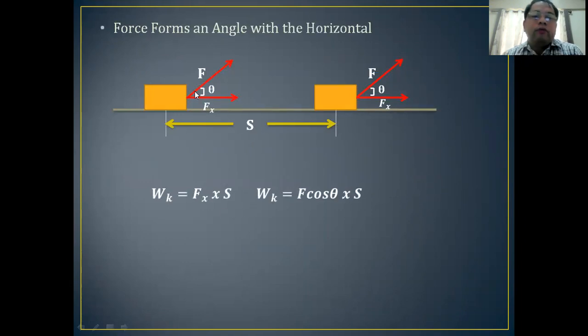If we pull the body at a certain angle with respect to the horizontal line, then what we will be using is Fx, not F, which is forming an angle. We get Fx by using F cosine theta. That's the one that causes the horizontal motion, so that's the one that we apply here.